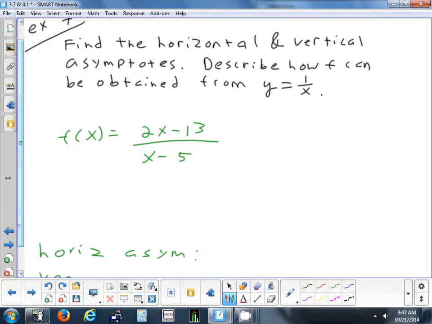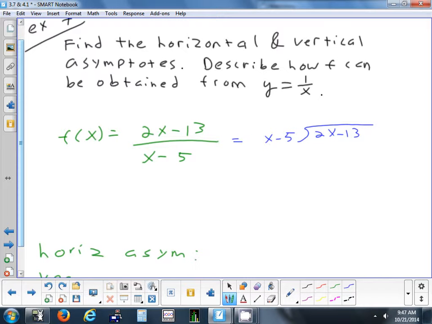All right, so let's see if we can finish up with this one. Find the horizontal and vertical asymptotes. Okay, the problem with this one is it's not written in the form you need to find the asymptotes. So the first thing we have to do is divide: x minus 5 into 2x minus 13.